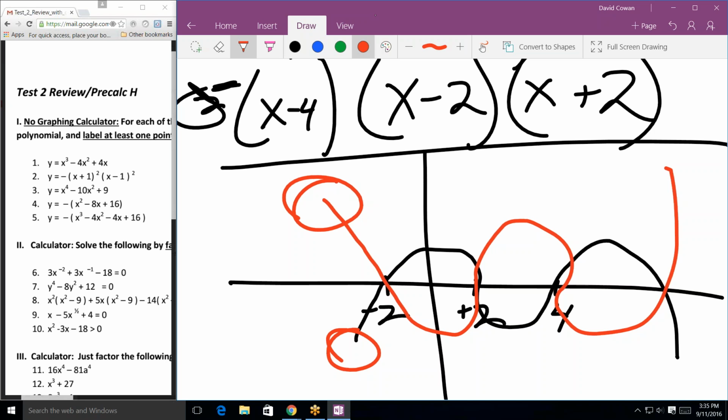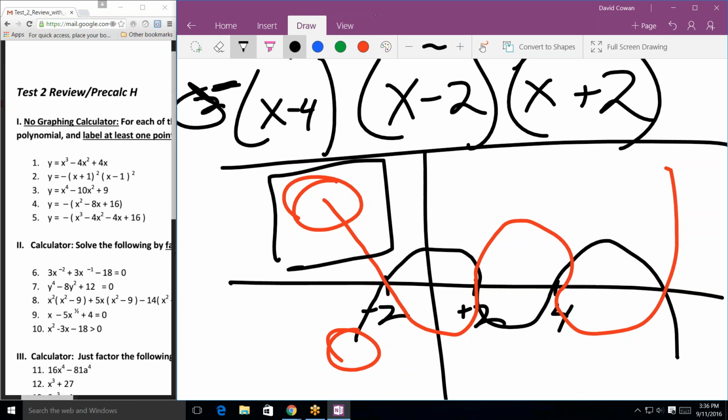Well, what does y go to when x goes to negative infinity? Positive infinity. Correct. Because you have a negative infinity times a negative infinity times a negative infinity, which is negative infinity, times a negative sign, which is positive infinity. Which means this is the correct left-hand end behavior.